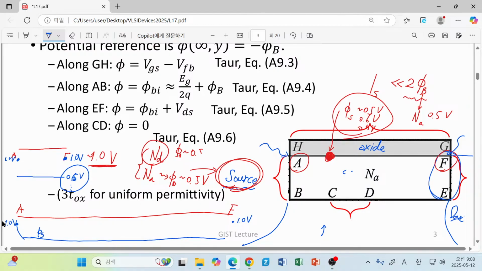And here also we have a certain transition region from 1.0. 1.0 means the value dictated by our drain, to the surface potential value. That length scale will be found here. Okay, that was the point.